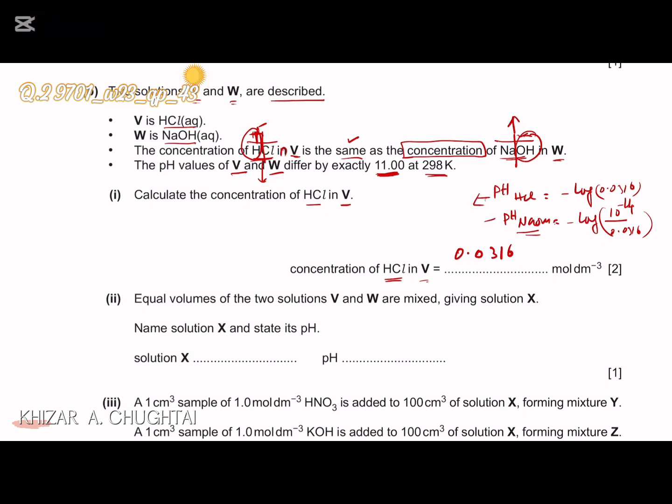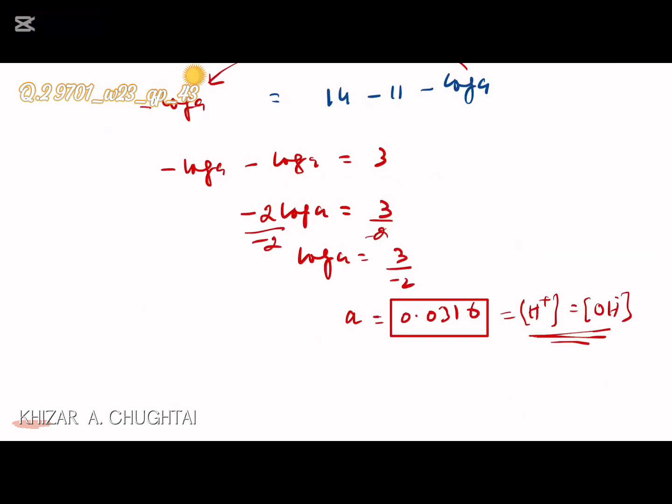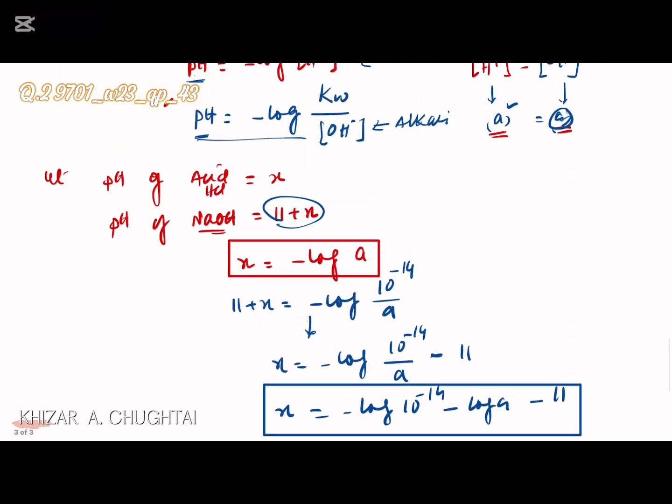I think there is no need to do the calculation to find the pH of HCl or NaOH. There is a direct answer, and this is the basic process or calculation for this step.